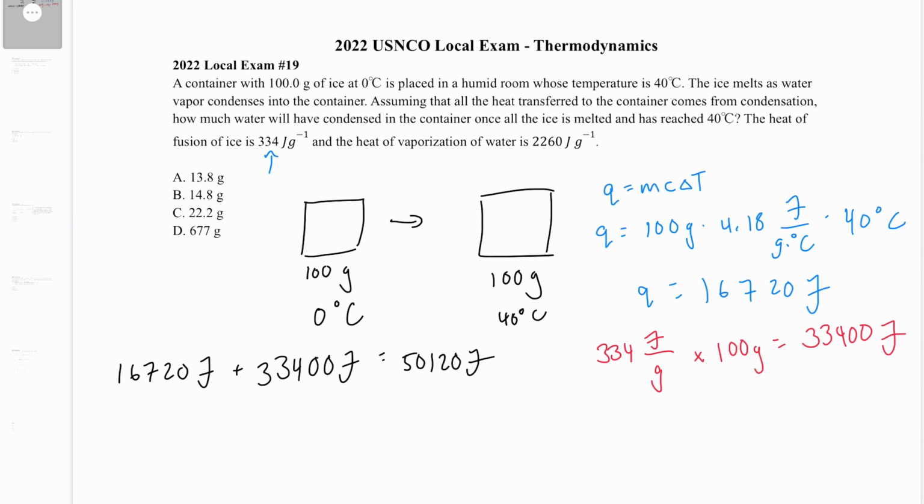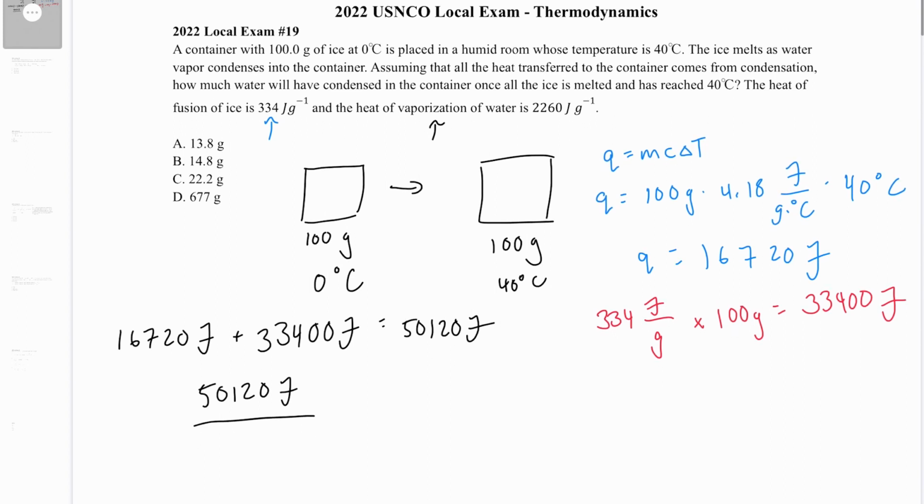When condensation happens, our heat of vaporization tells us that for every 1 gram of gas that we take into its liquid form, it's going to release 2,260 joules of energy. So if we have 50,120 joules of total energy, and we divide that by our heat of vaporization, we should get the amount of water that has condensed onto this container.